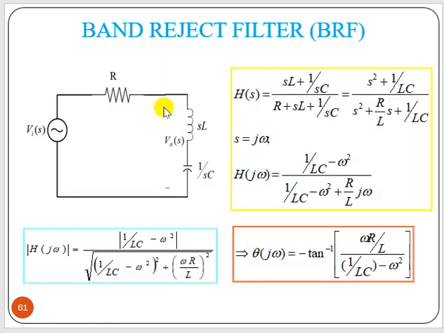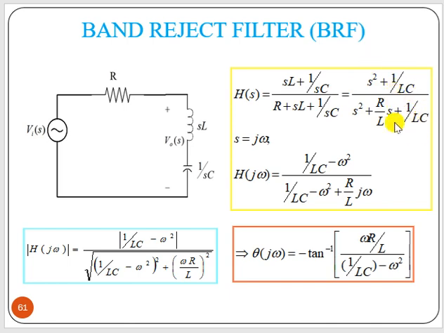Now from here, if we find out the transfer function, it will give something like s squared plus 1 by LC over s squared plus s R by L plus 1 by LC. Here you can see we have a quadratic equation in the numerator and a quadratic equation in the denominator, right? And the numerator s squared plus 1 by LC means the zeros lie on the imaginary axis, s equal to plus minus j 1 by root of LC.